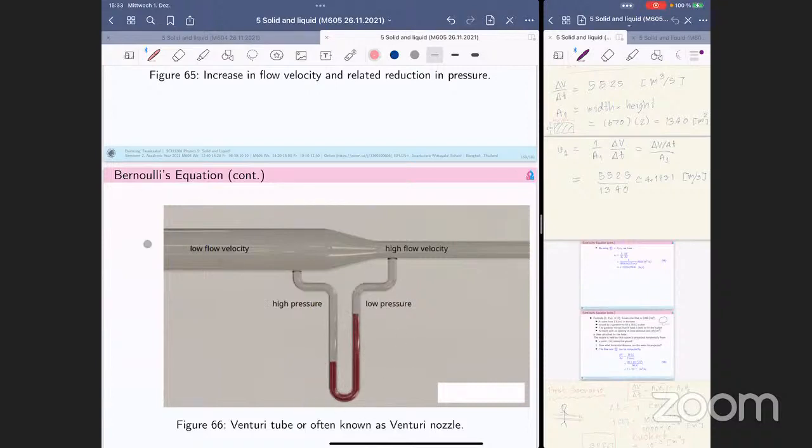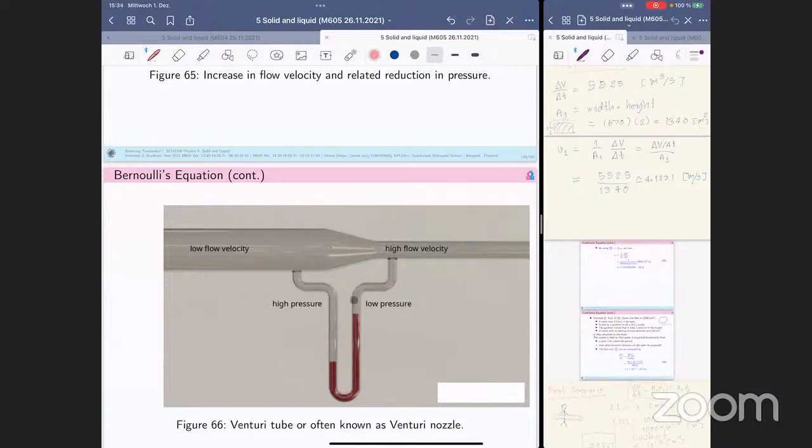When you let the air or anything flow, let's say it's air, you let the air flow from left to right, and you could see that here you would get really high pressure, and you would have really low pressure here. High pressure means the ability to push down the liquid at this side.